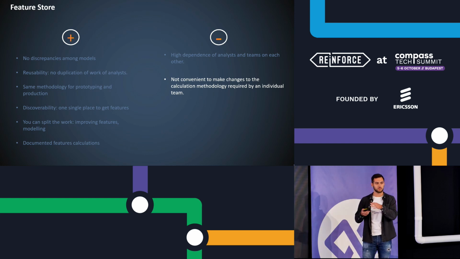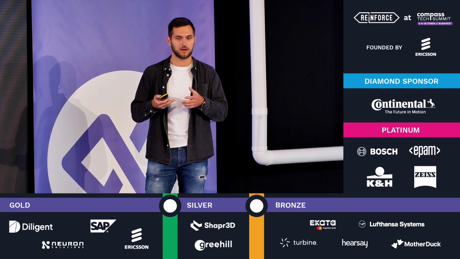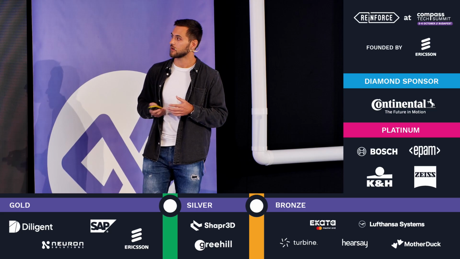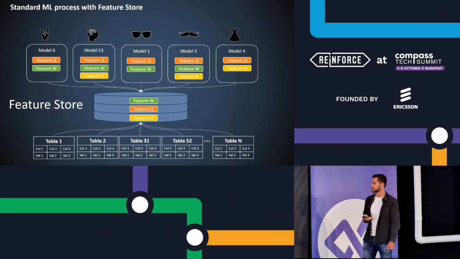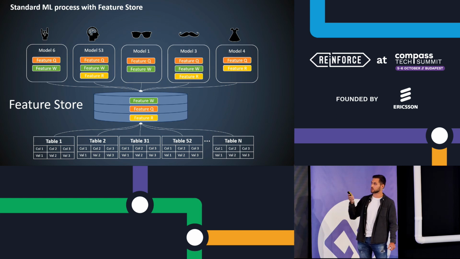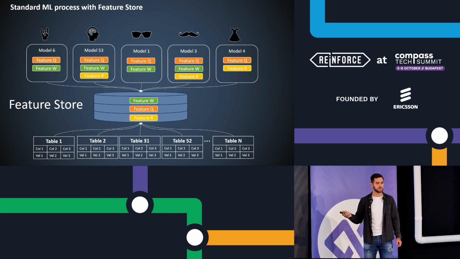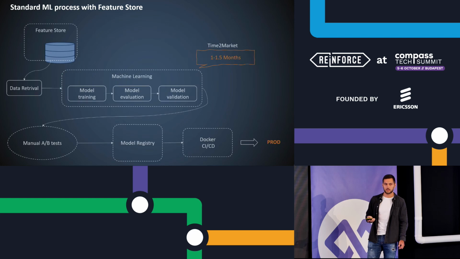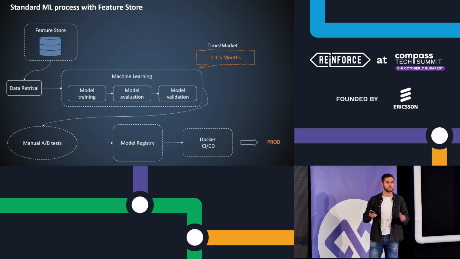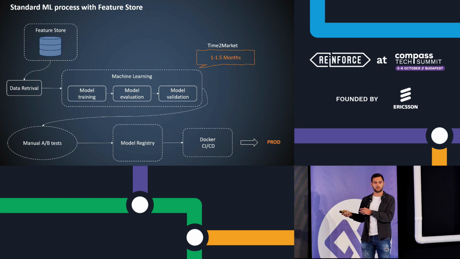We try it in the model, we create it by hand, and then apply the model. Okay, now the process is a little more clear. All data scientists go to the feature store that is collected from different tables. And by this action, we can decrease the time to market from 2 months to 1 to 1.5 months.